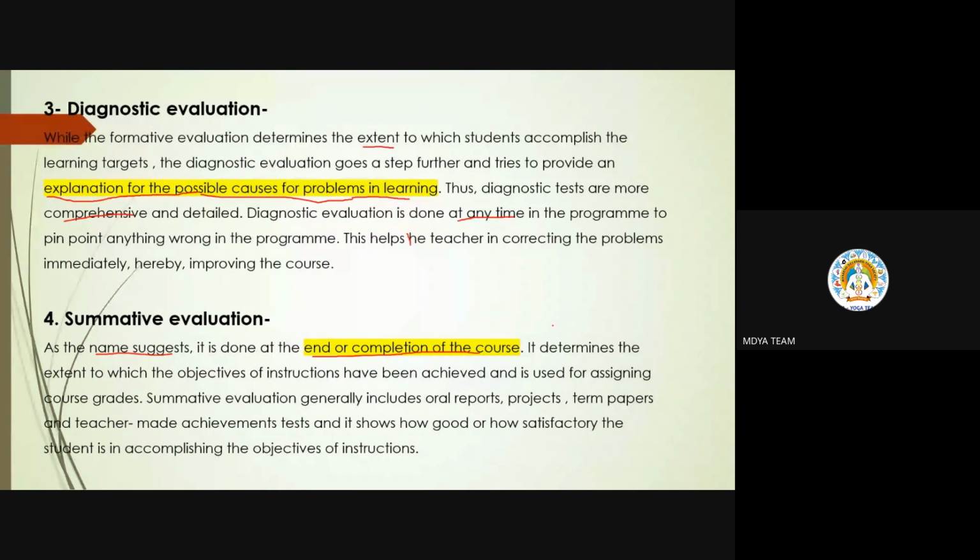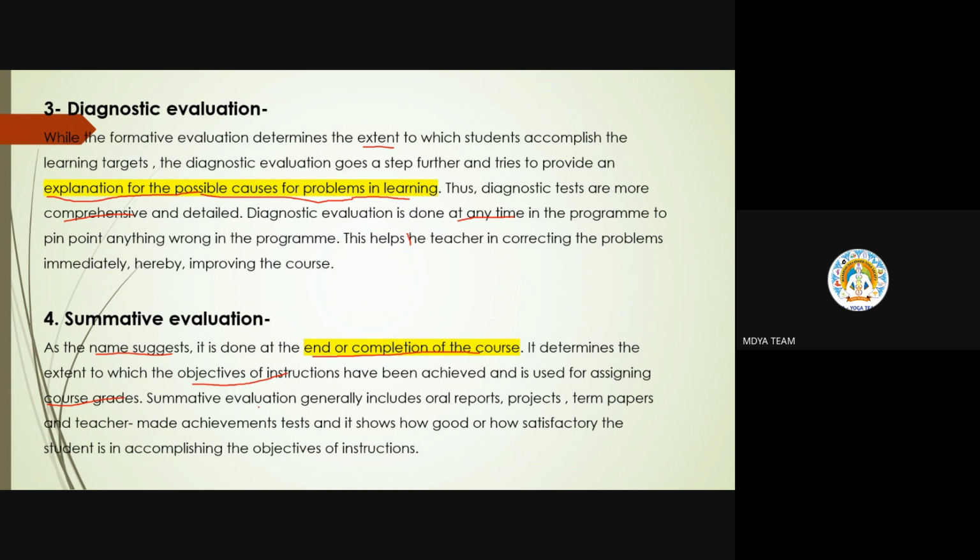Diagnostic can be done at any time, and summative evaluation is done at the end of the course. It determines the extent to which objectives of instruction have been achieved and is used for assigning course grades. Like we get the grades, we get the divisions, positions. So, summative evaluation helps in that.